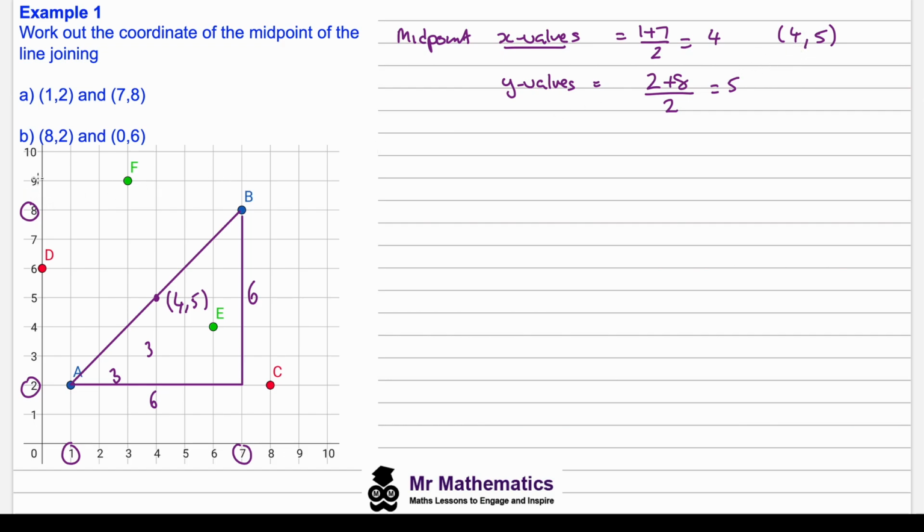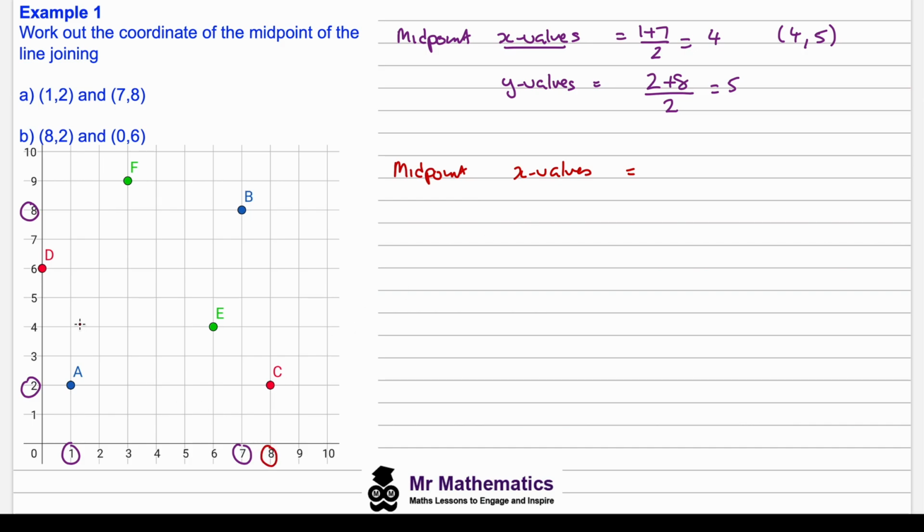Okay, so for part B, now we have coordinates 8, 2 and 0, 6, which are the two coordinates D and C. So we want to work out the midpoint. We'll begin with the x values, and we'll work out the mean average of these two x values, so 8 and 0. So the mean will be 8 add 0 divided by 2, which is 4.